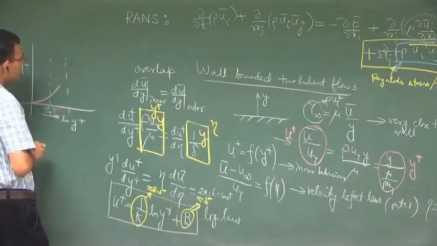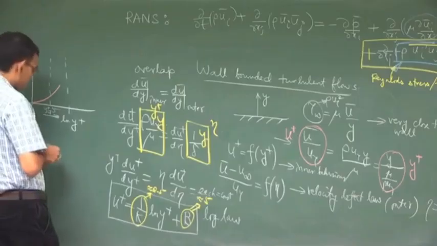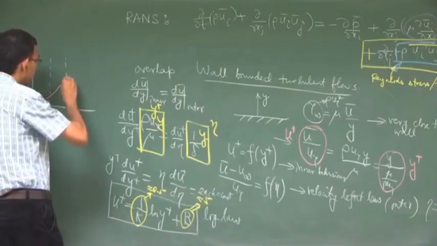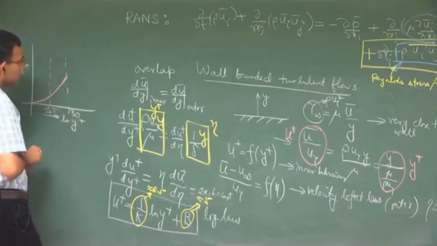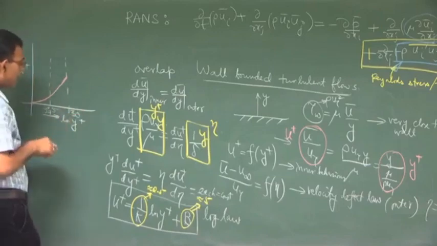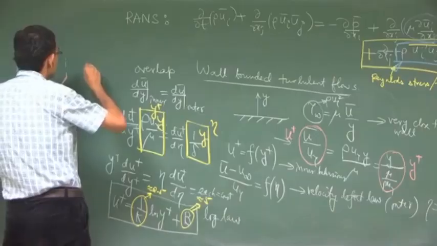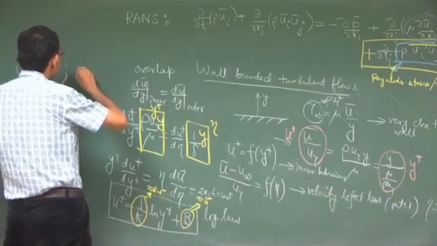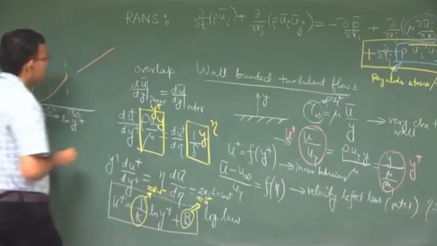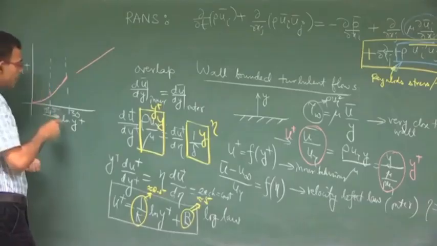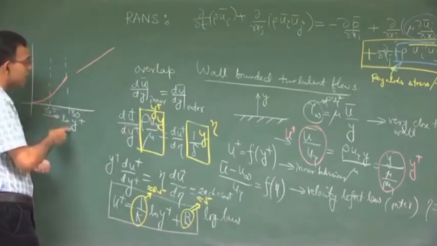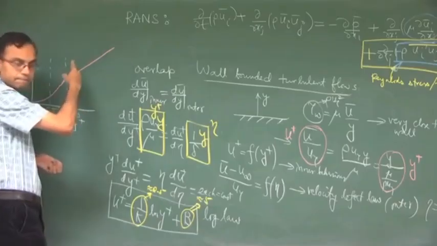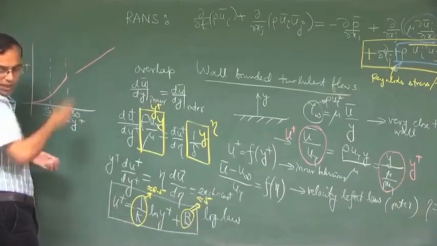So, up to a limit of 30 you will still have this behavior. Then in the outer layer you have this logarithmic law, u plus is equal to 1 by kappa ln y plus b, means in the u plus versus ln y plus it will be a straight line, right. So, it will be a straight line like this.